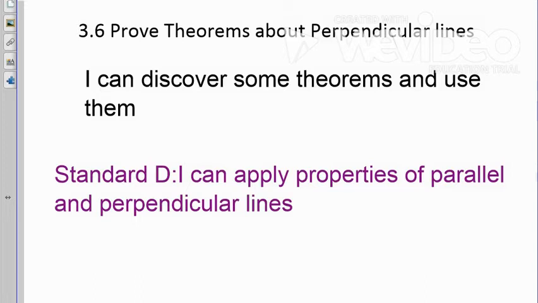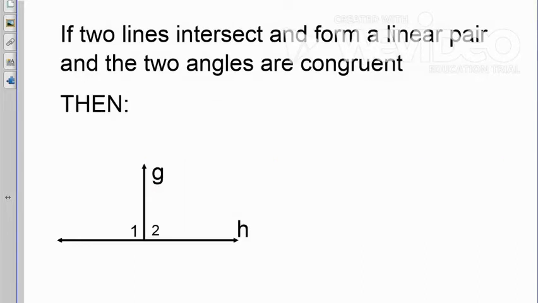We're going to come up with 4 theorems today in this section. So we're going to have those written down, and it's applying properties of parallel and perpendicular lines. Our first one says, if 2 lines intersect and form a linear pair, and the 2 angles are congruent, then, okay, let's make sure we read this again.